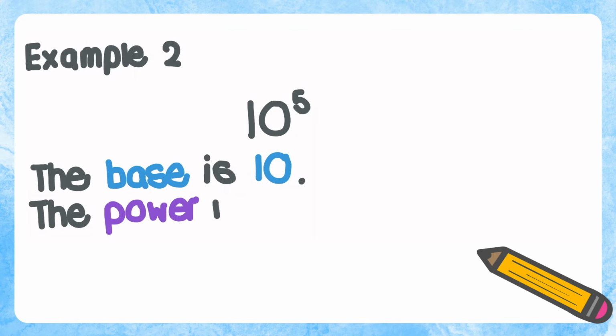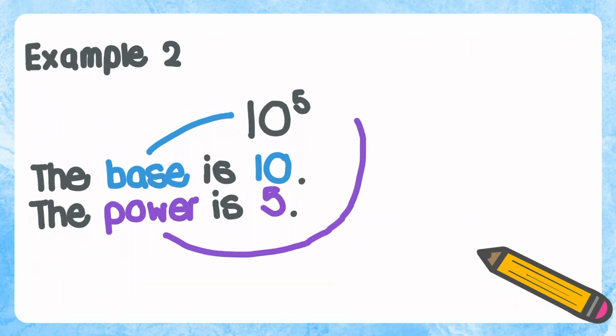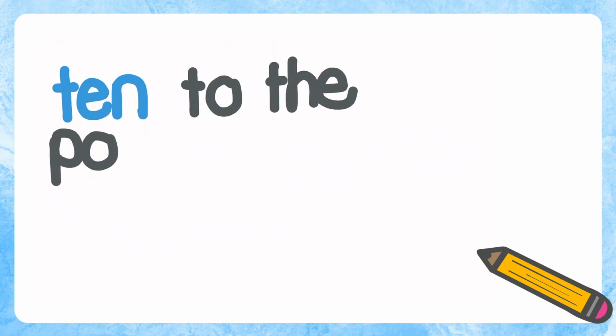So the power is 5. The base is 10 and the power is 5. Again, how do we read this? 10 to the power of 5.